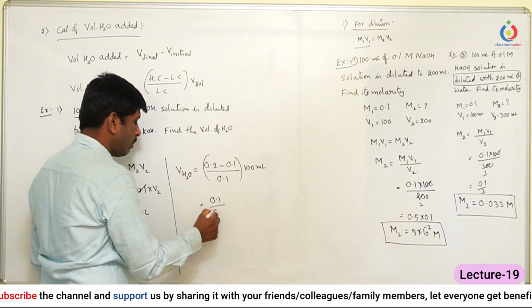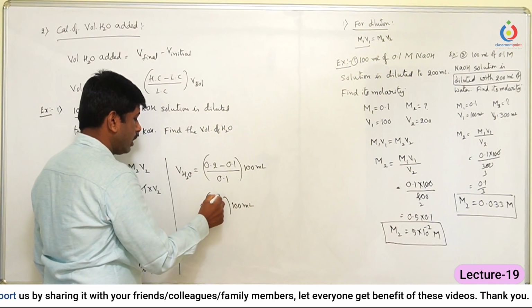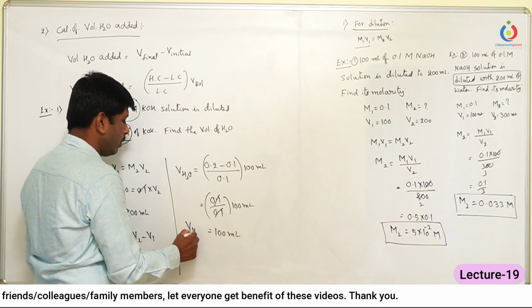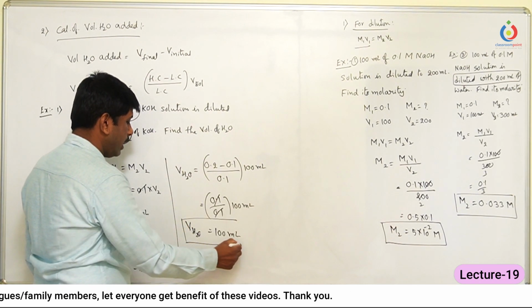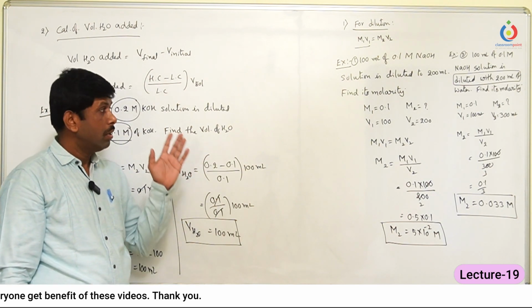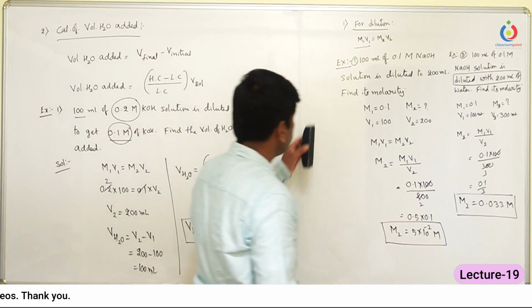So 1 into 100 ml, and directly we get the volume of H2O added. Like this, we can solve the questions using the dilution formula. Let us see another application.